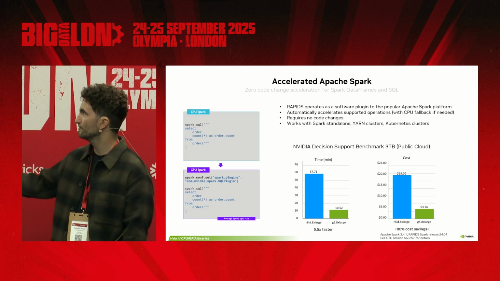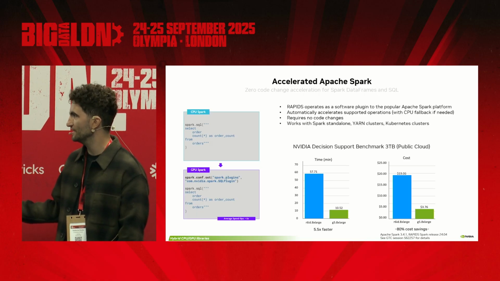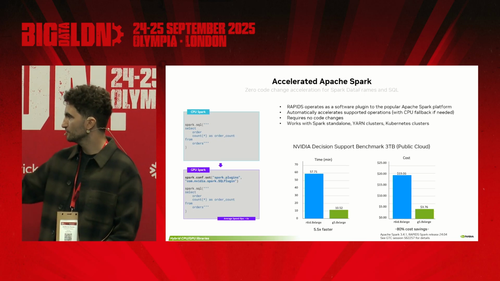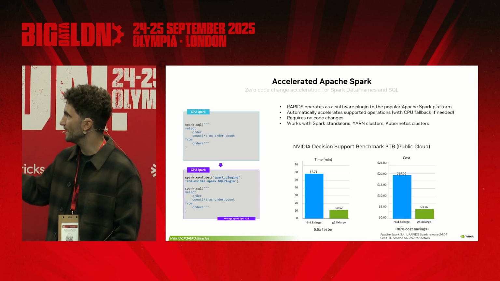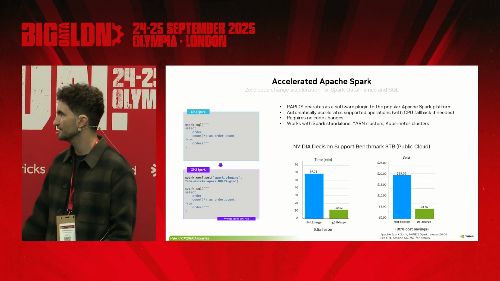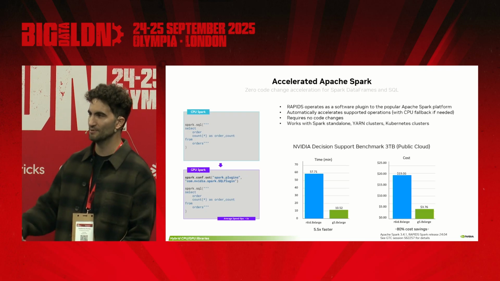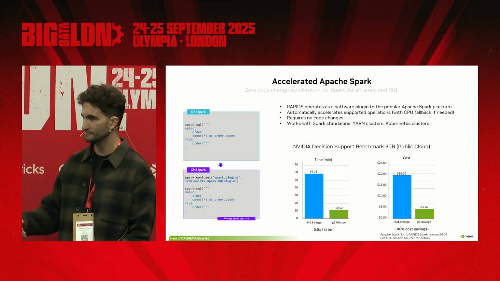Similarly, with Spark, you can do a one-line change and get huge acceleration benefits. So with this 3 terabyte data set, you can see it's almost 6 times faster. And oftentimes people say, oh yeah, 6 times faster, but GPUs are much more expensive than CPUs.